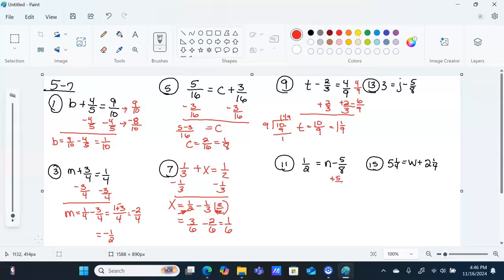Add 5/8 to both sides. And so we get n equals 1/2 plus that 5/8. 1/2, if you multiply by 4 over 4, you're going to get 4/8. That's your common denominator. I'm trying to show this step separately.